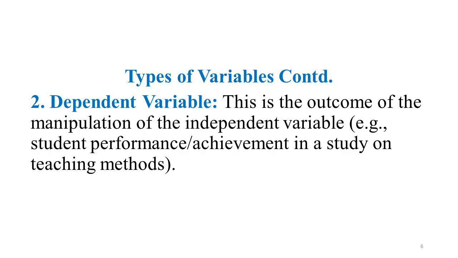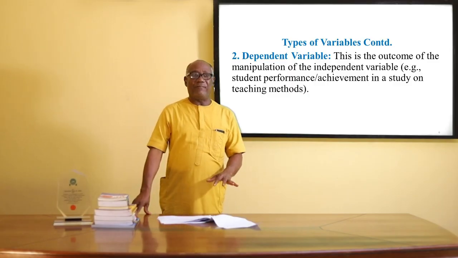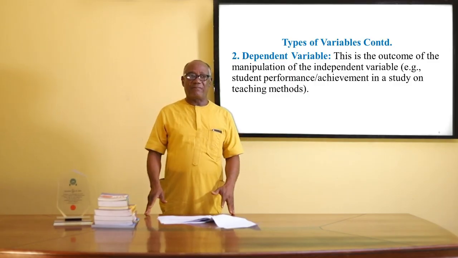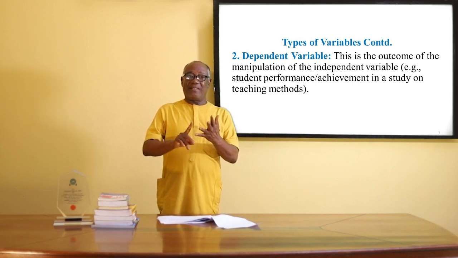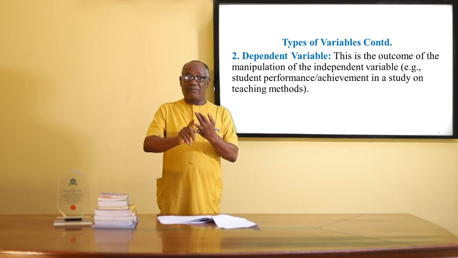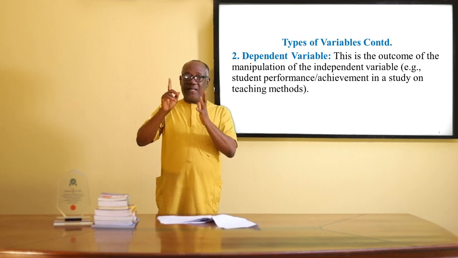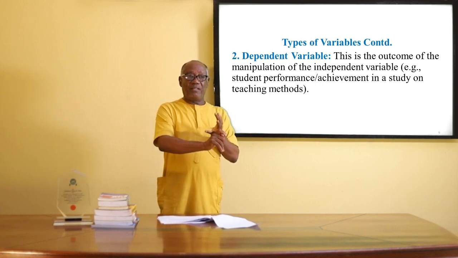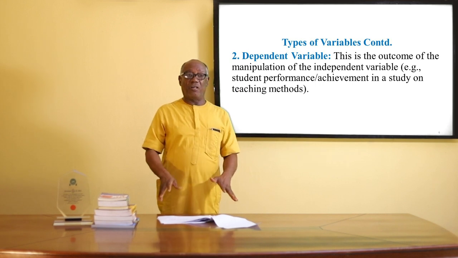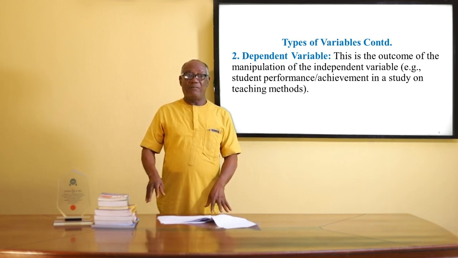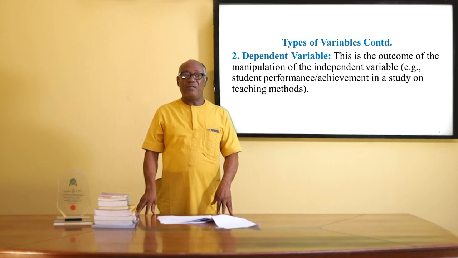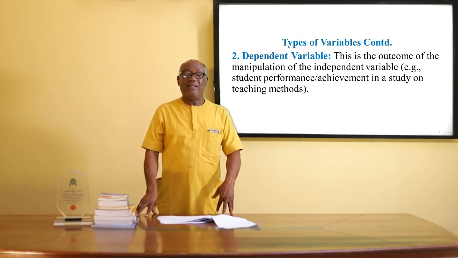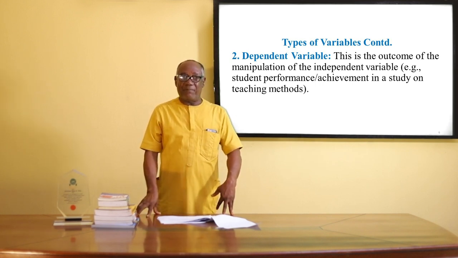For example, when you have two groups of students and you manipulate them by teaching with two types of teaching method, group A, lecture method, group B, discussion method, you want to find out the effect on students' achievement in biology, for example.